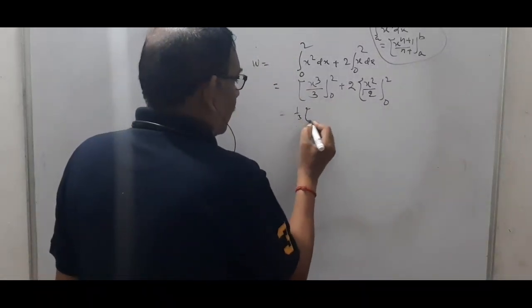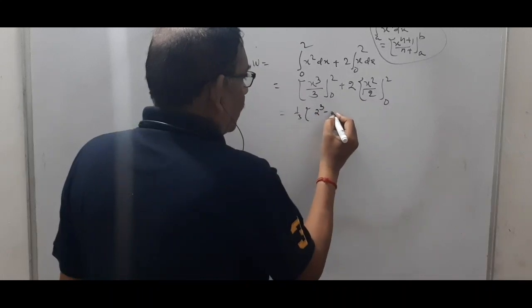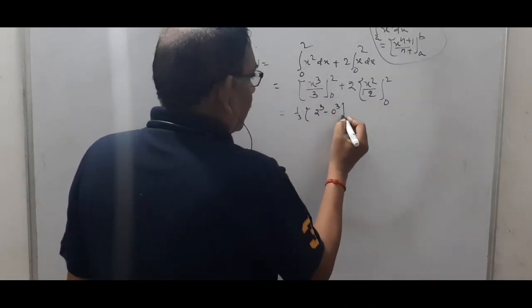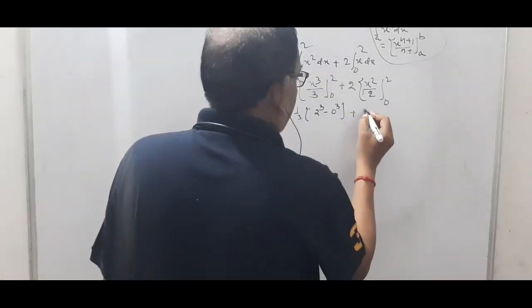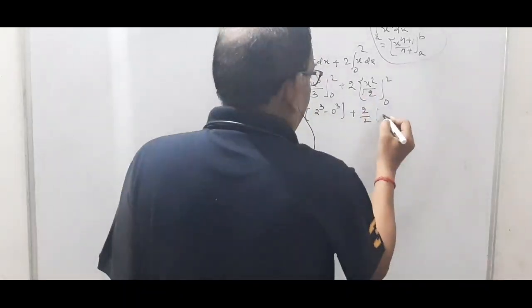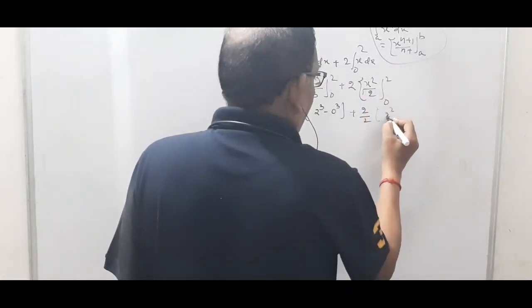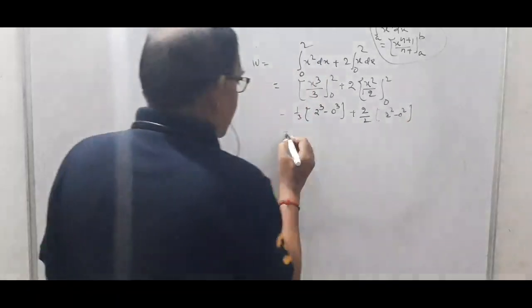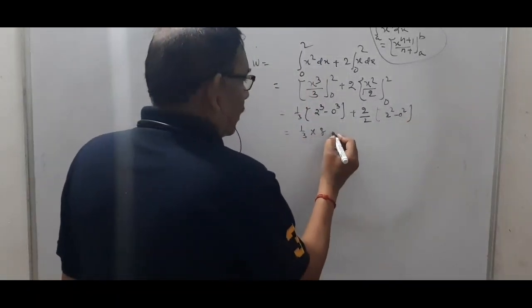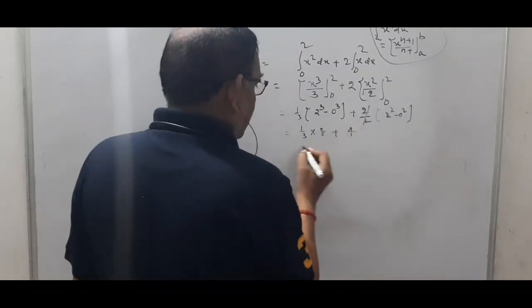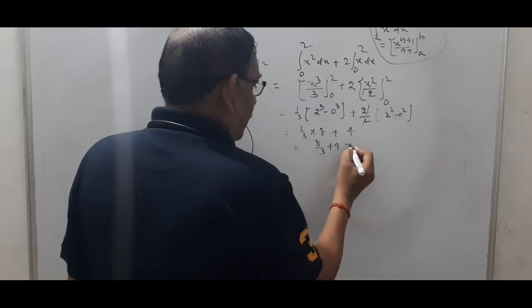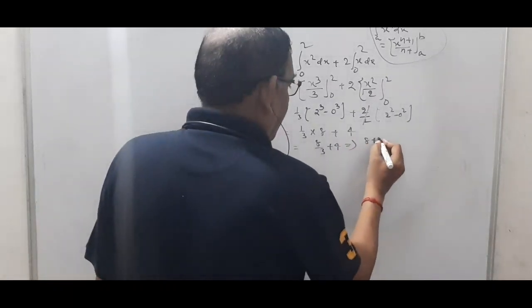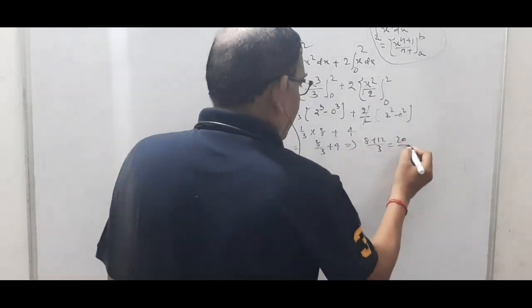Taking 1 by 3 common, 2 cube minus 0 cube, and taking 2 common outside, 2 power 2 minus 0 power 2. It is 1 by 3 into 8 plus 4, 8 by 3 plus 4, that is 8 plus 12 by 3, 20 by 3 units.